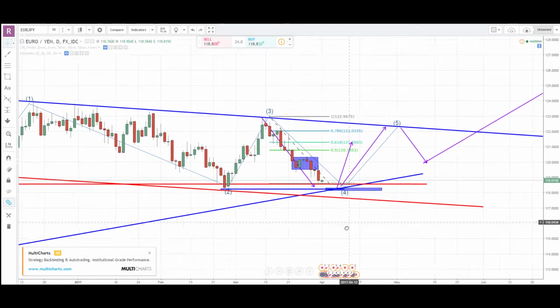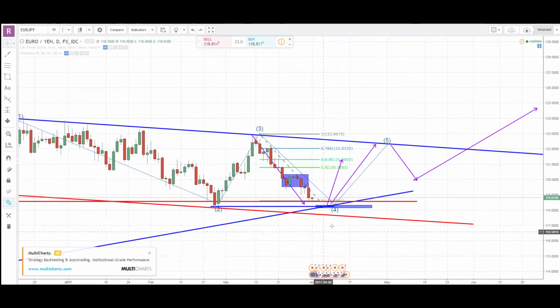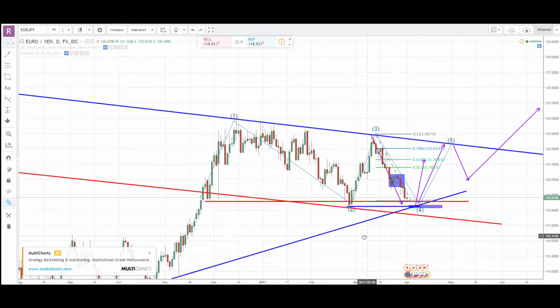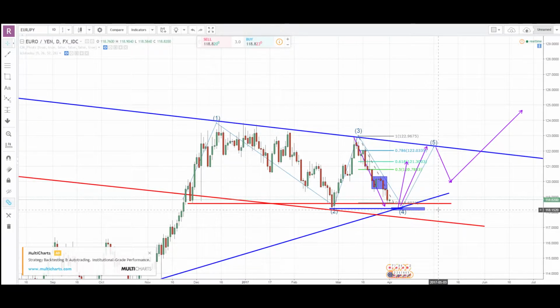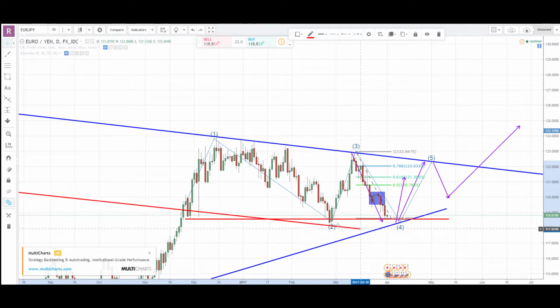We are still close to our kill zone, so maybe in 1 or 2 days we will be able to place a trade right there. Okay, focus on the line. Let me clear this thing.